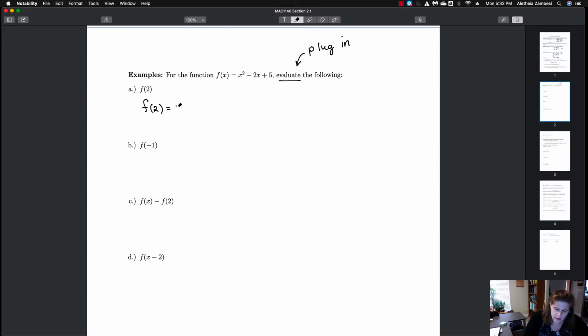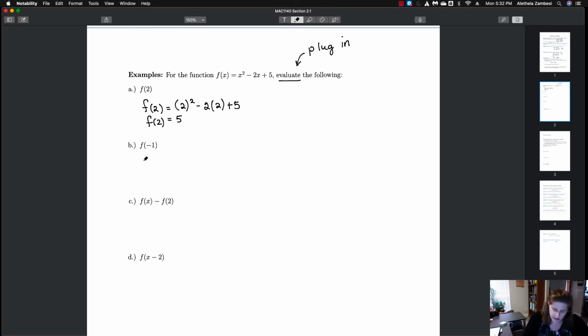So f of 2 means that we're going to take 2 and plug it in for x. So I have 2 squared minus 2 times 2 plus 5. Simplifying our arithmetic, 2 squared gives me 4, minus 4 plus 5 gives me 5 total. So f of 2 is equal to 5.